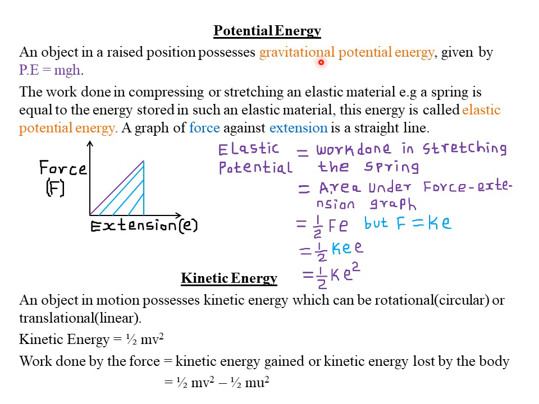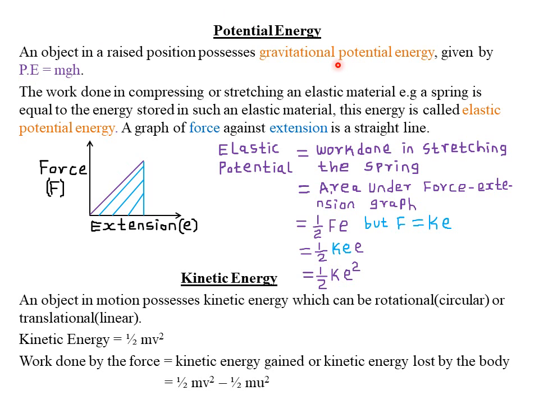The reason for placing those tanks at the rooftop is to increase the height, because when you increase the height of the body from the ground level while that body is at rest, you are simply increasing the gravitational potential energy. When the height is large and the water has a large mass, then you multiply by gravity, it means the gravitational potential energy is great.